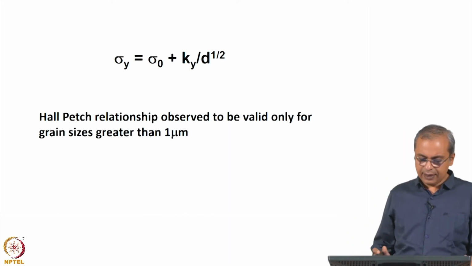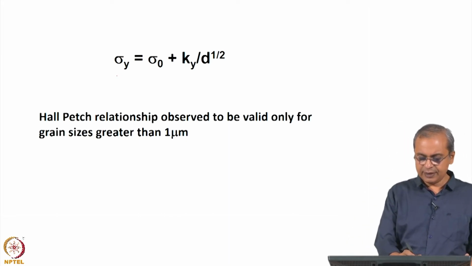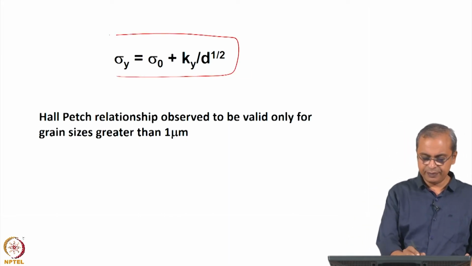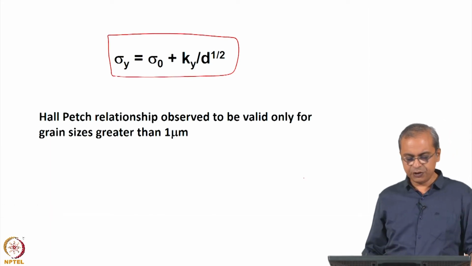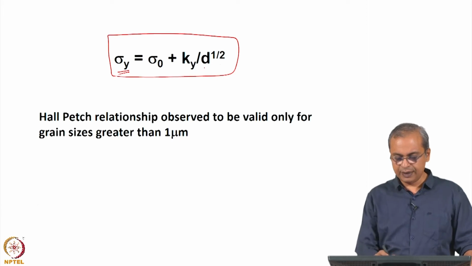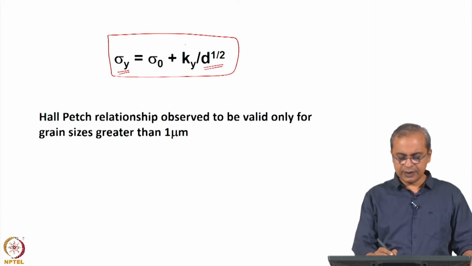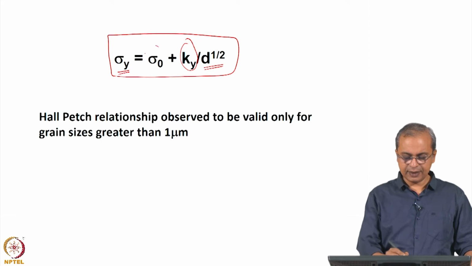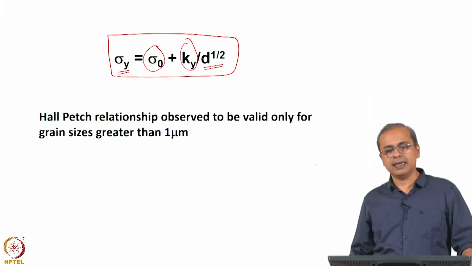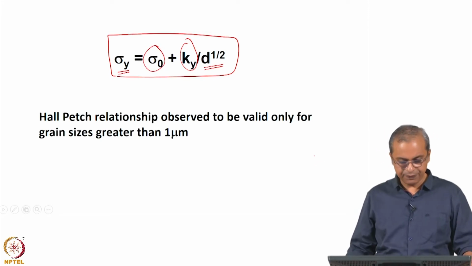Okay. So, as we noted earlier, this is the Hall-Petch relationship, and it gives you the yield strength as a function of the grain size. There is a constant here and there is a lattice friction constant here, so those are two constants that we have.